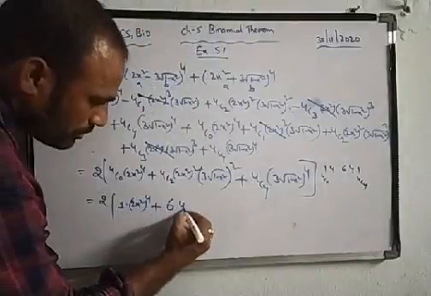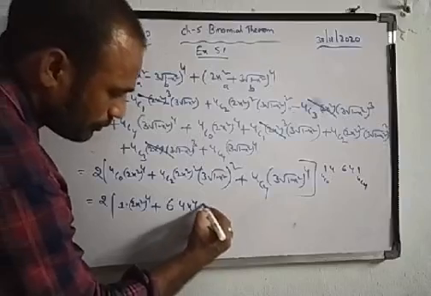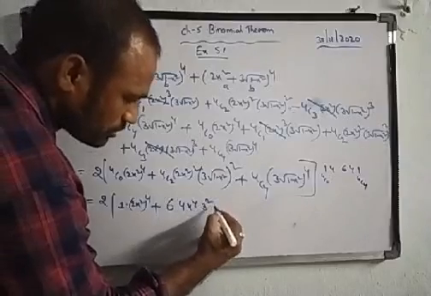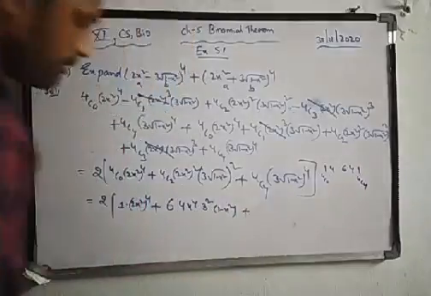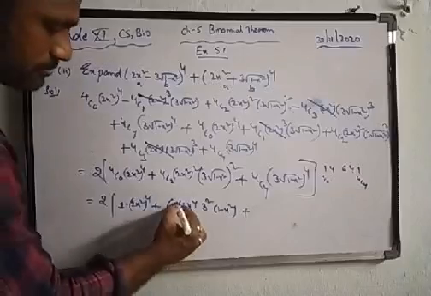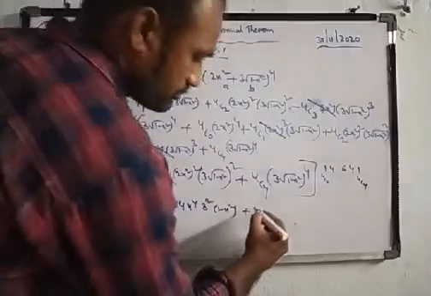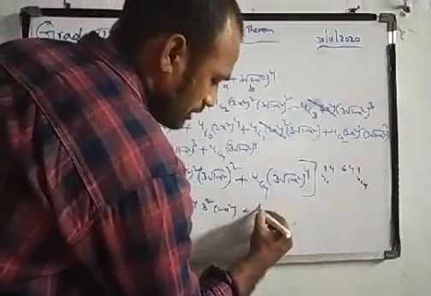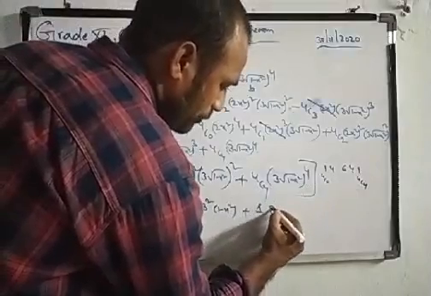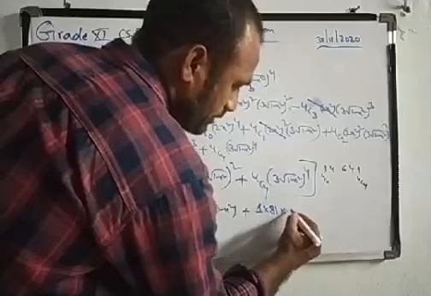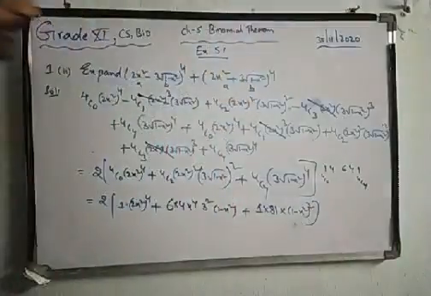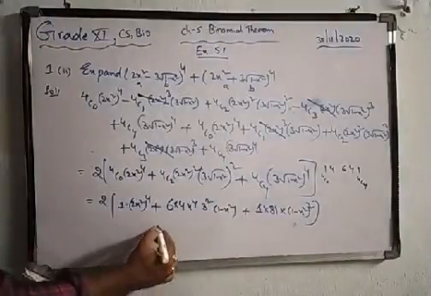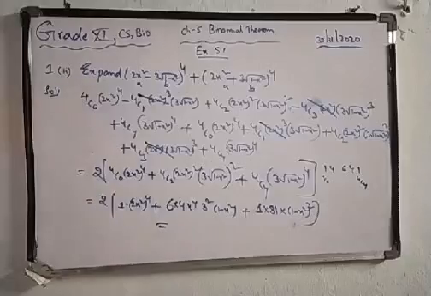So 6 into 4x to the power of 4, 3 square into (1 minus x square), plus 4C4, which is 1, 3 to the power of 4 is 81 into (1 minus x square) whole square. So if you further simplify, you are going to get an answer.